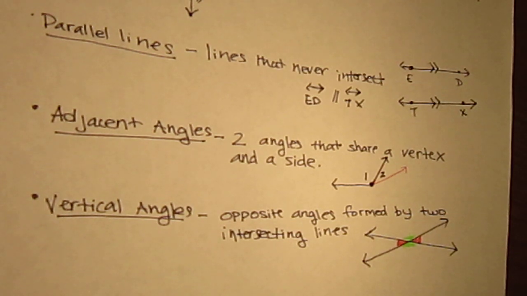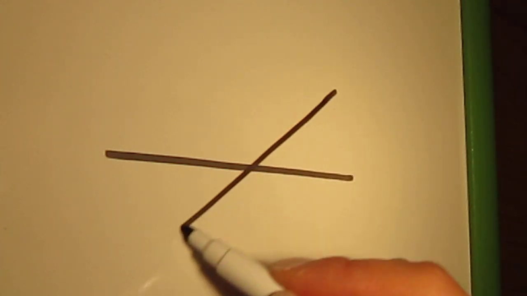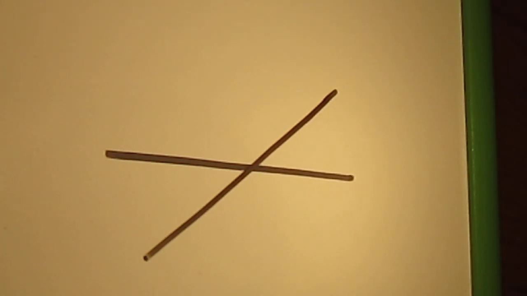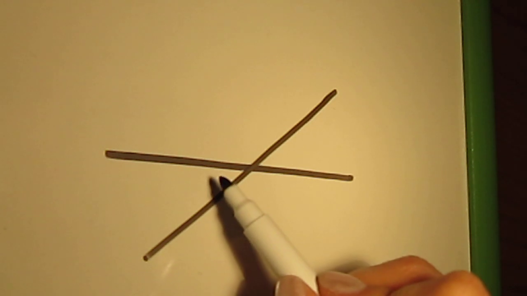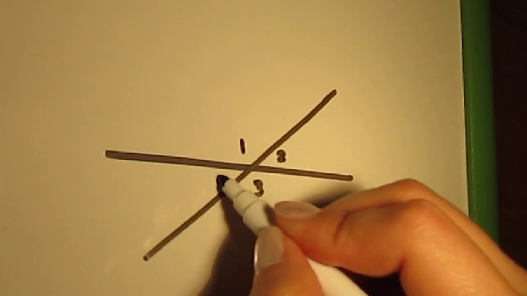So what I'm noticing now is that whenever we see angles, there can be a lot of different relationships. So let me show that. Let's go over something on this board. I can have a line, and let's say this intersects this, like that. I'm going to label the four angles 1, 2, 3, 4.